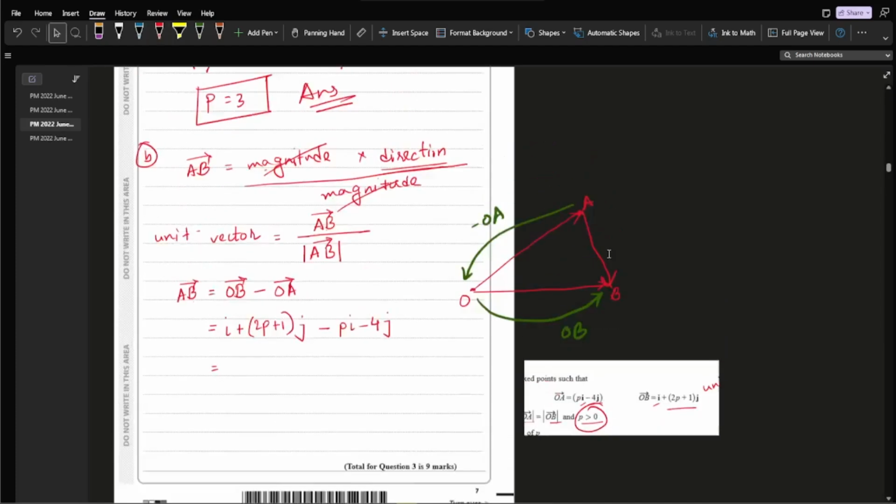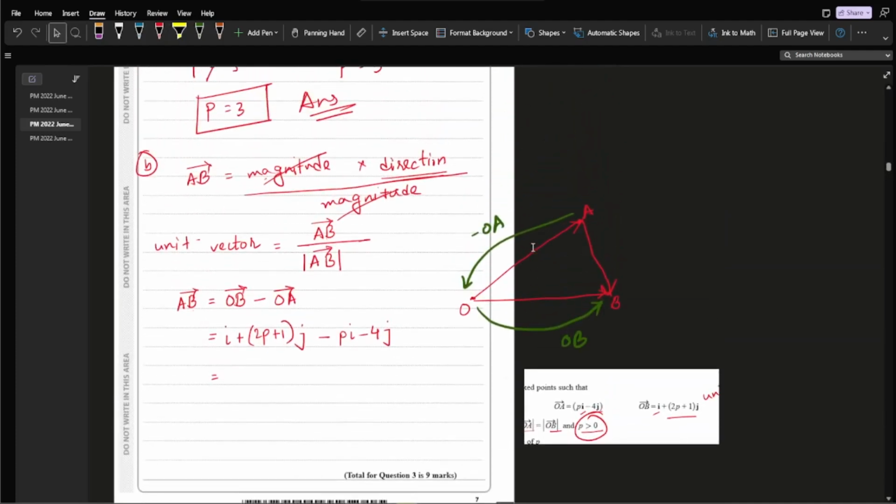Now the value of P is 3. So 6 plus 1 is equal to 7. 7J minus 3I minus 4J. I minus 3I is equal to minus 2I plus 3J.